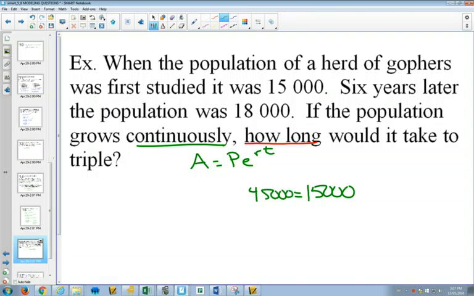First question, did I have to use 15,000 or could I have used 18,000? Could have used 18,000. Remember when we talked about how it didn't matter how long it took something to triple with your money, whether it was $10 million or $1? Same thing here. Because once you divide both sides of your equation, it's going to equal 3.